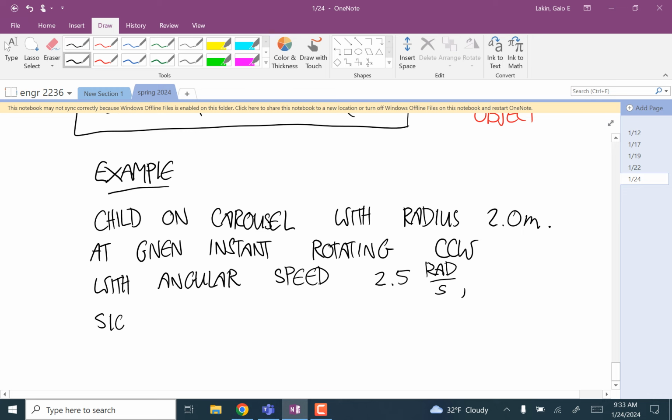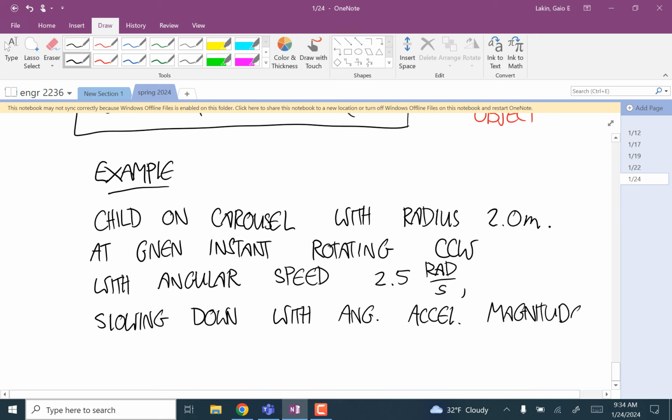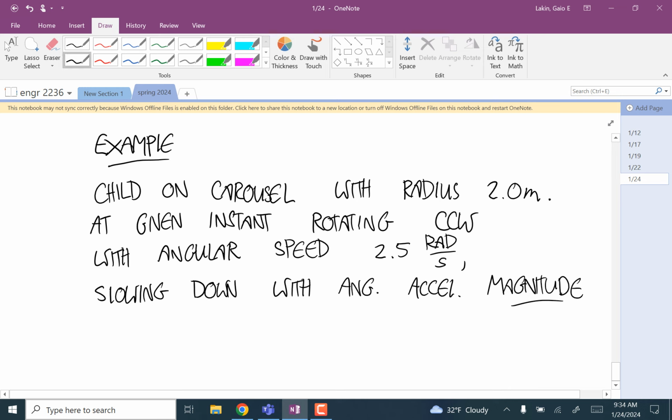And it's slowing down with an angular acceleration magnitude of 9.5 radians per second squared.